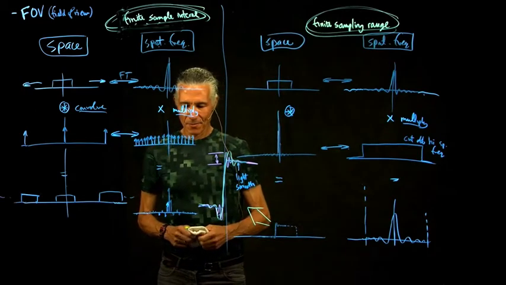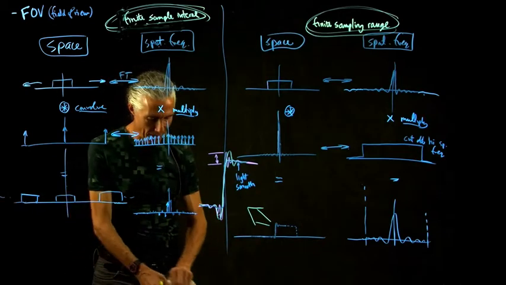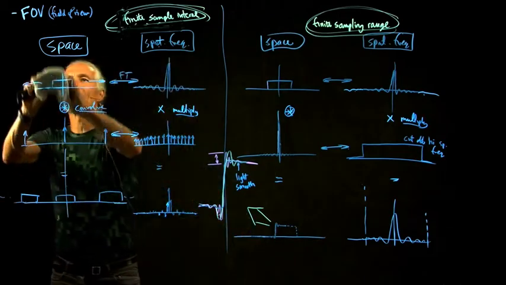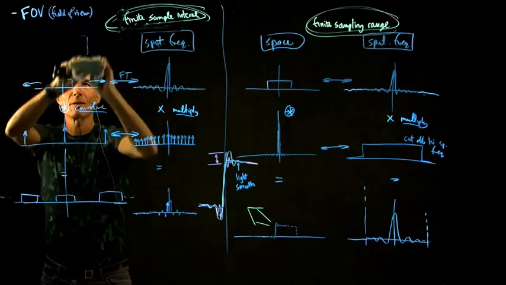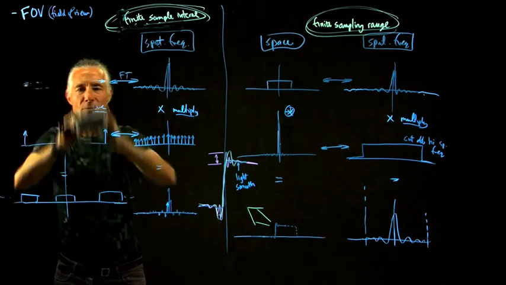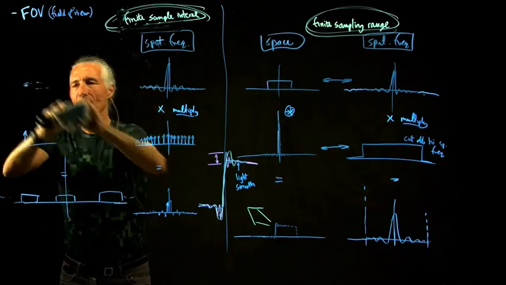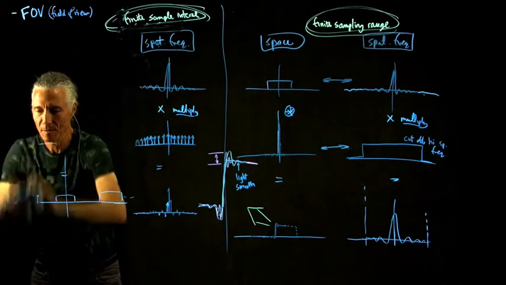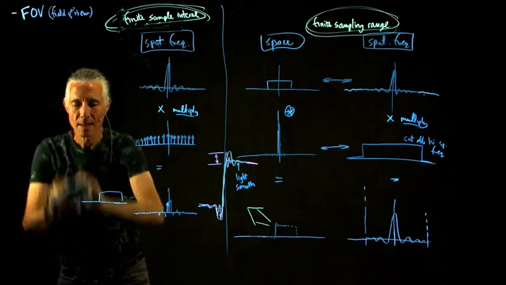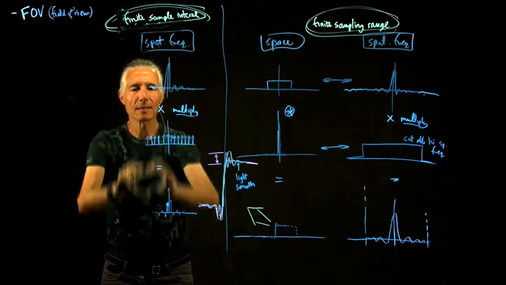Okay, so what we're going to do now is talk about field of view and give some examples. So I already gave one example, and I'll do 4 more examples of field of view. I already gave one example when we talked about what happens if you sample out to the same spatial frequency.